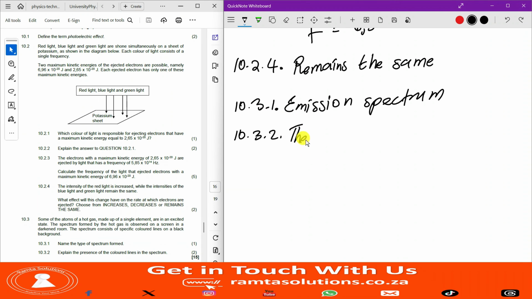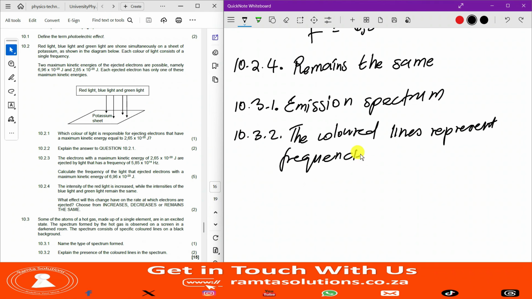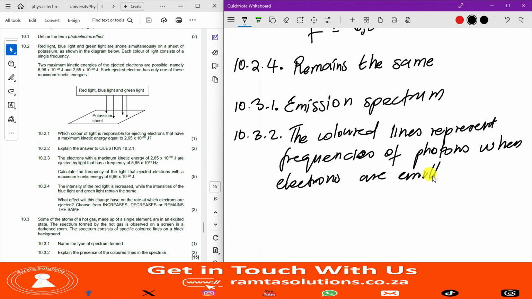Let me just say the colored lines represent frequencies of photons when electrons are emitted to a lower energy level. Yeah, let me just save space. This is an exam and we need to save time as well.